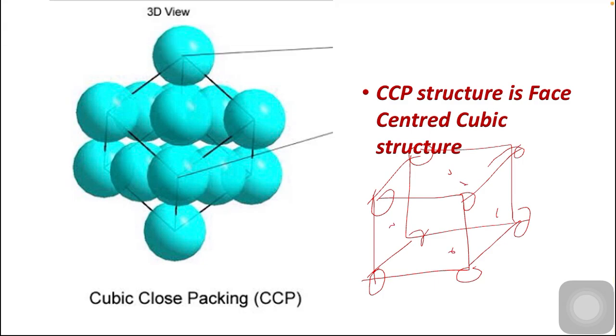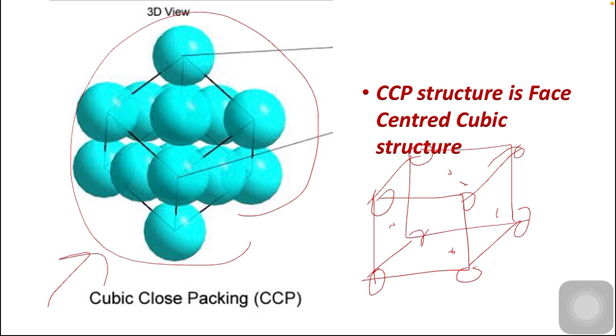If we tilt this cube in such a way as shown in this figure, then in 3D view it will look like this. So here you can mark this is A, B, C types stacking of atoms.